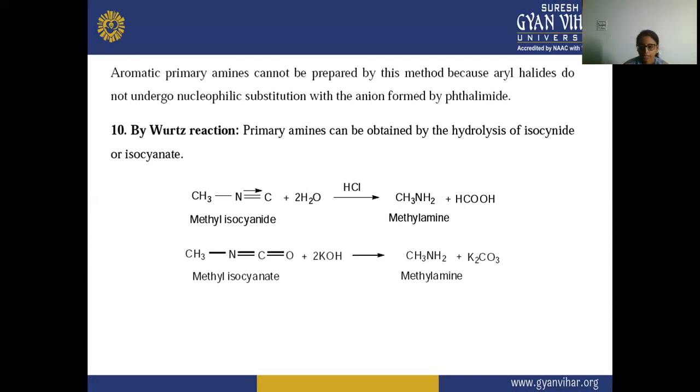So from this reaction also there is the formation of a primary amine, obtained by the hydrolysis of isocyanide or isocyanate. Here we have taken methyl isocyanide plus H2O, and methyl amine is formed in the presence of HCl, plus formic acid.